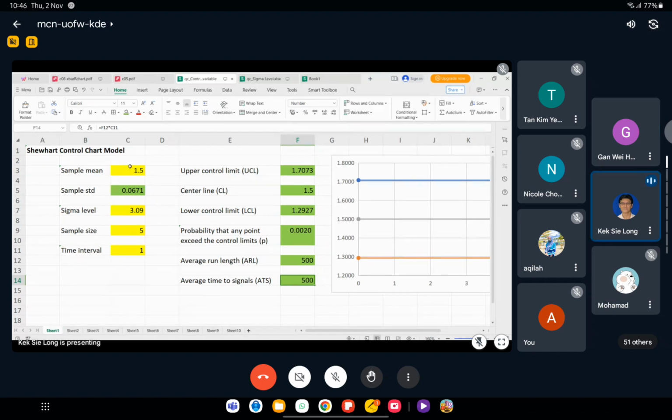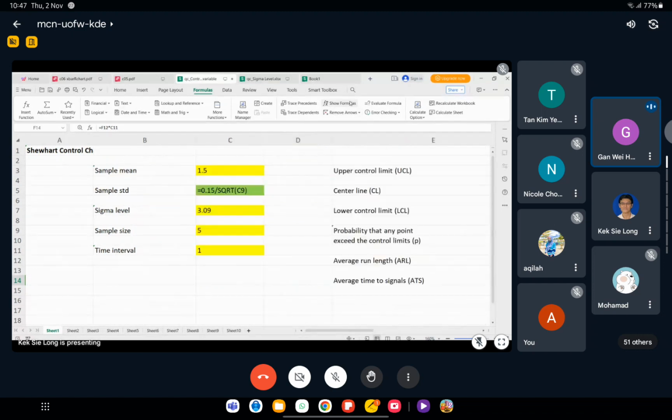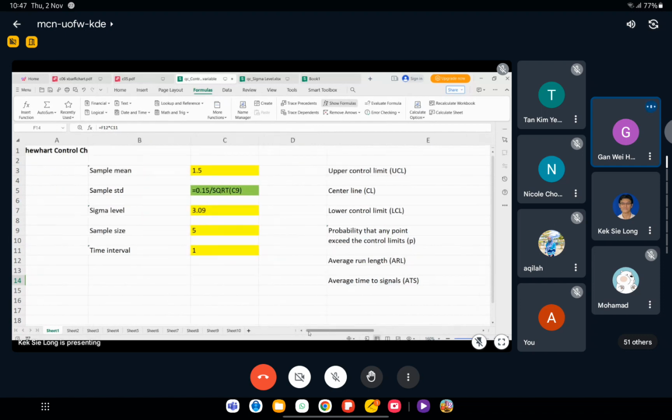In the Formula tab, there should be something called Show Formulas a bit to the right. This one. So it will show all the formulas that you use for all the numbers.